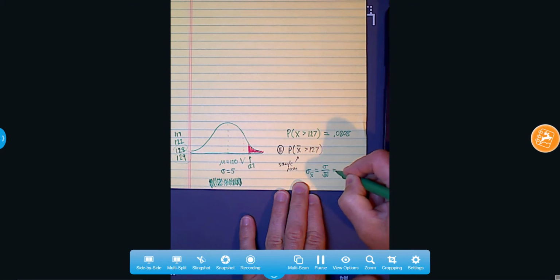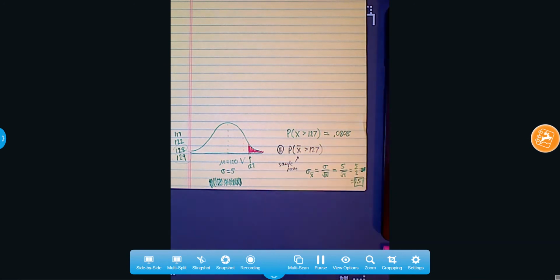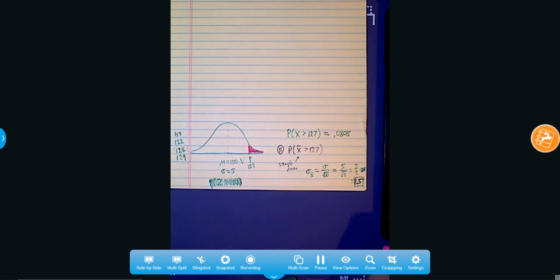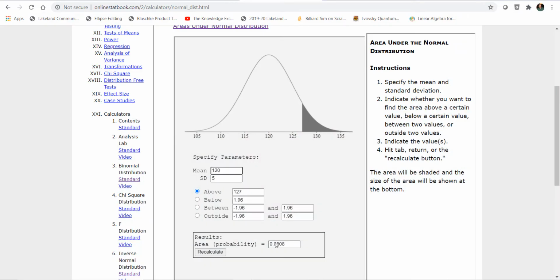In my example, the standard deviation was 5, n was 4, so it's 5 over 2, which is 2.5. So if I want to solve problem 11, I can use the calculator, but I should use a different standard deviation. My standard deviation should be 2.5. And so I'm going to go back to my calculator, and we're going to use 2.5 as the standard deviation and do the calculation again.